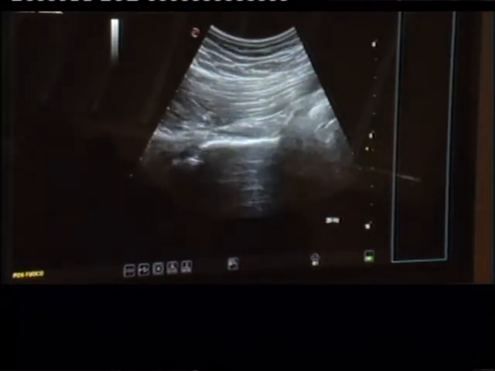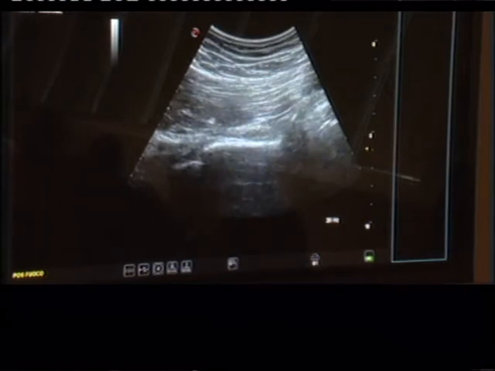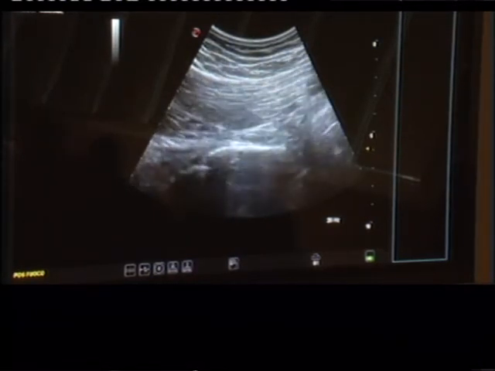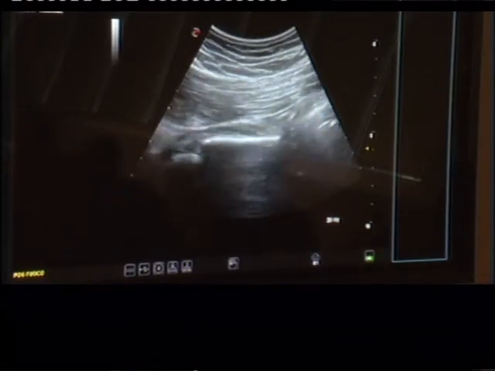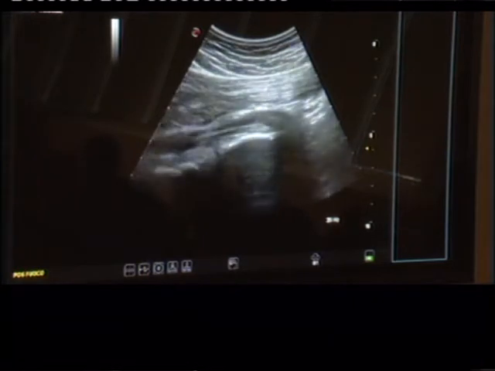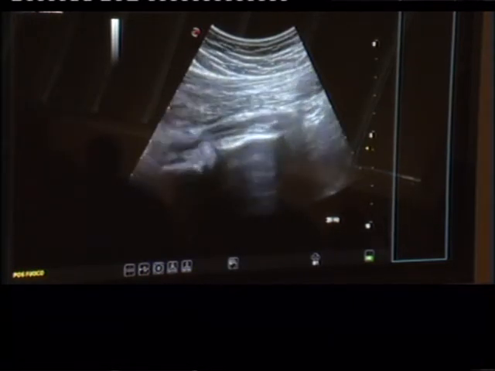Okay. So now the next thing I'm going to look for is the waterfall. La cascata adesso. Cioè l'otturatore interno. See the waterfall?